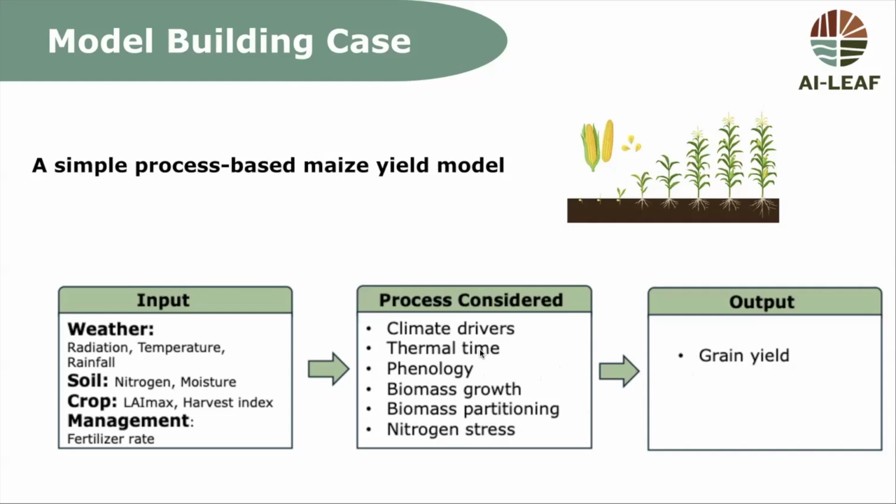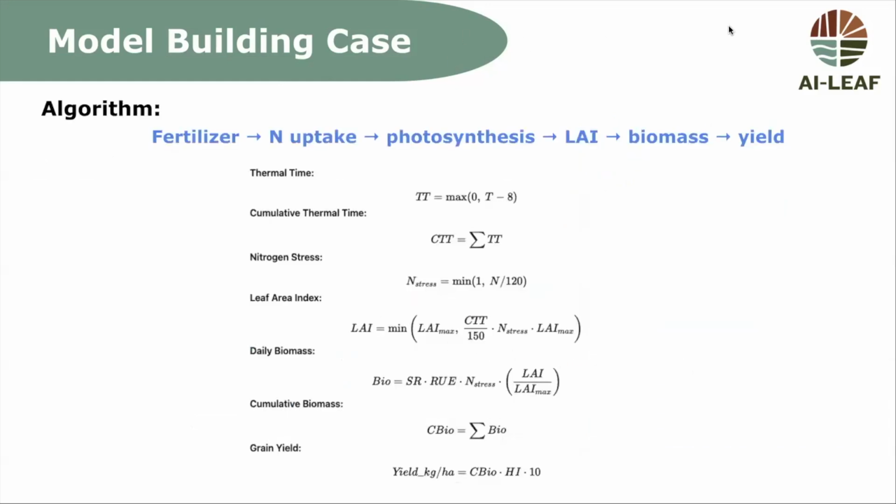And in the simple models, we just base on that knowledge or those equations. It's a workflow. Here we can see the fertilizer as a factor, the nitrogen output, the photosynthesis, the leaf area. Then in the plant we get the biomass growth, then get the yield.